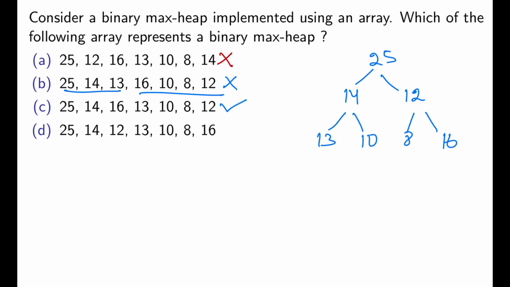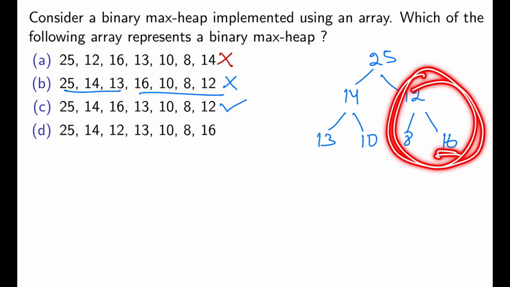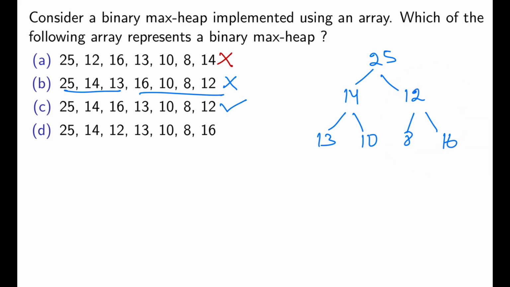Here you can see, directly coming to this node, 12 is less than 16, its child. So here the max heap property is violated. So this one is also not a max heap. So only option C is correct. I hope all of you understood this one, and this question was asked in GATE 2009.